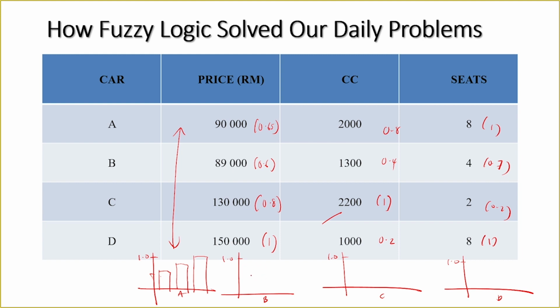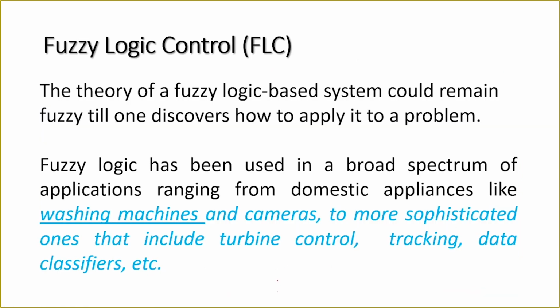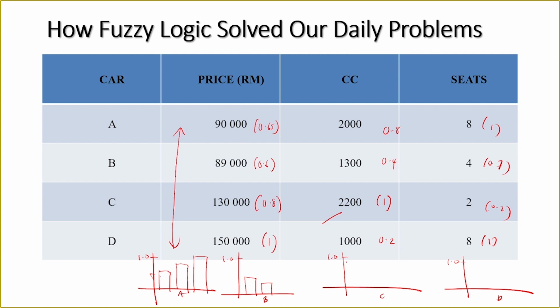For B, 0.6 approximate, same as A. 0.4 is this. 0.7 is this.